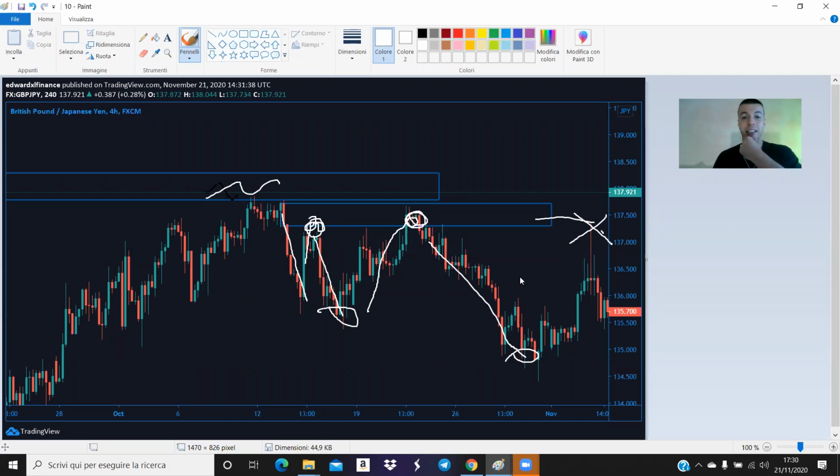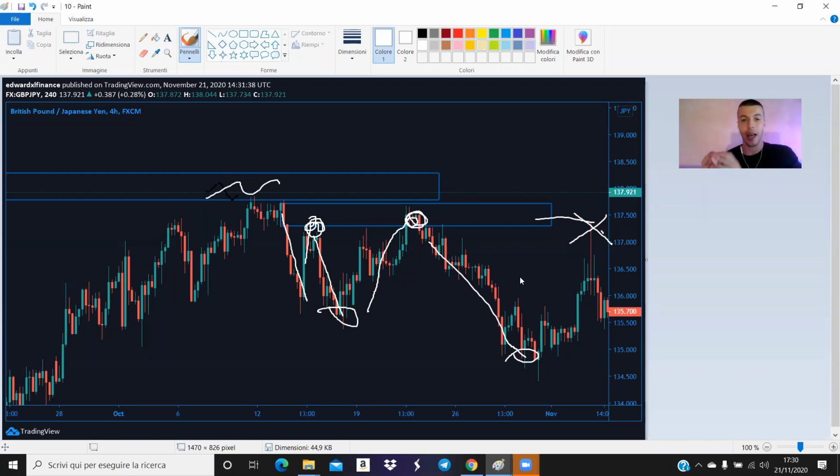So someone is asking the dimension of the rectangle that I'm drawing in order to identify the zone, how do I decide how big it is? The size depends on the basing candle.